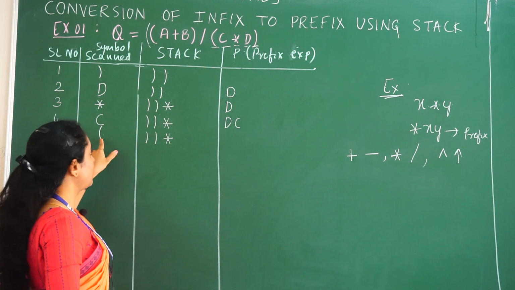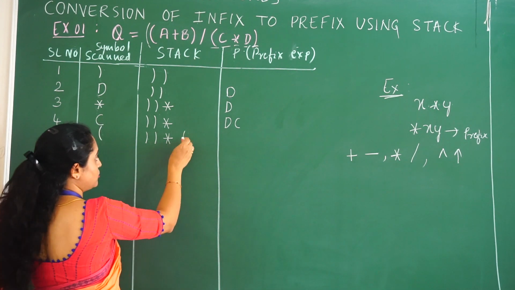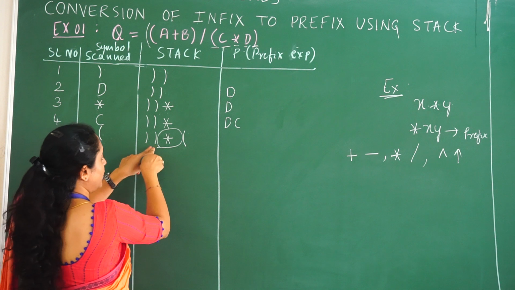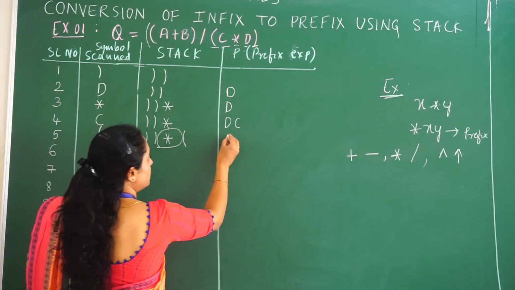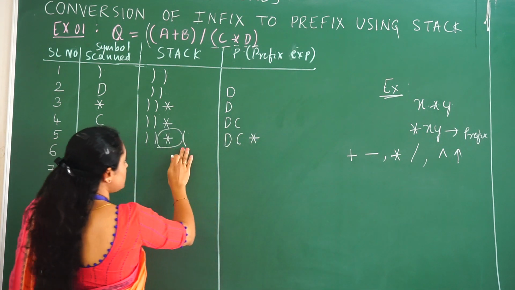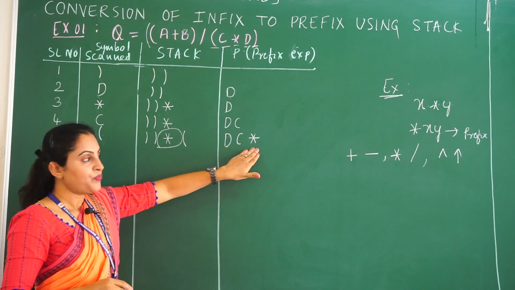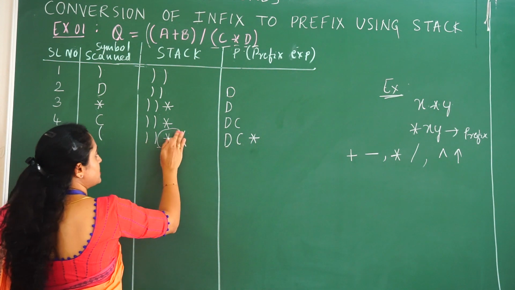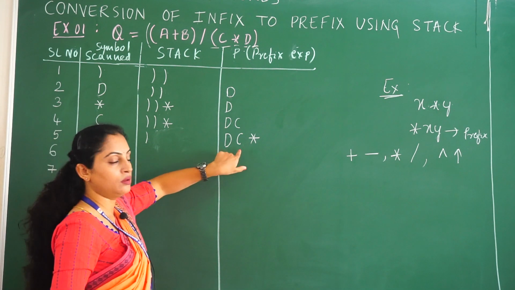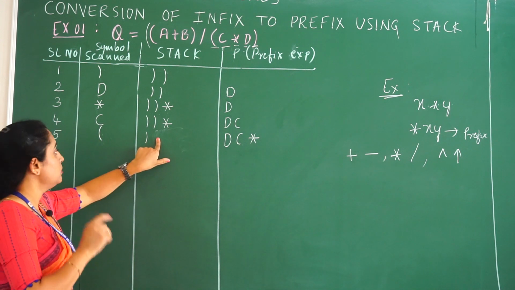Here when a left parenthesis is encountered, we are going to pop out all the elements between the right parenthesis and left parenthesis and keep them in the prefix expression. So the asterisk is popped out, and the right parenthesis will be eliminated, we are not keeping it in the prefix expression. So in the stack we have only the right parenthesis now.